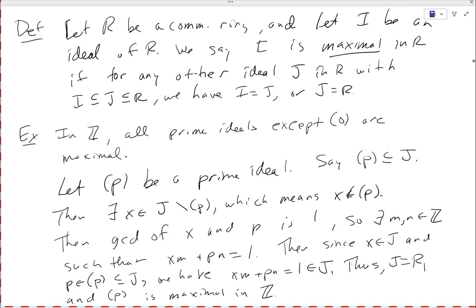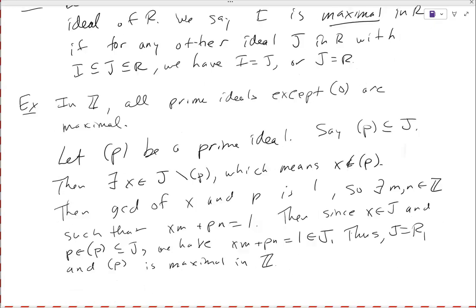Okay. So every prime ideal in the integers besides 0 is maximal. Let's do another example here.